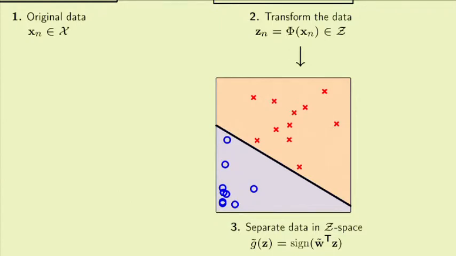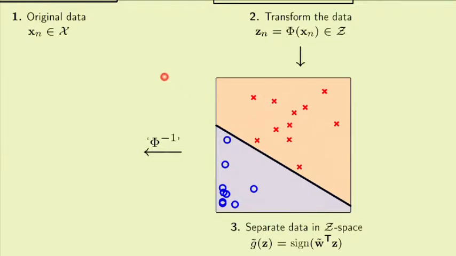But we are not working in the Z space. When I give you a test point, it will be x. And you have managed to separate things in the Z space. Well, the way you do it is you go back to the input space. And as you realize, I am using the inverse, between quotation marks, transformation, because the transformation in principle may not have an inverse. There are some points in the Z space that may not be a mapping of any point in X, and some points in the Z space which may be the mapping of more than one point.